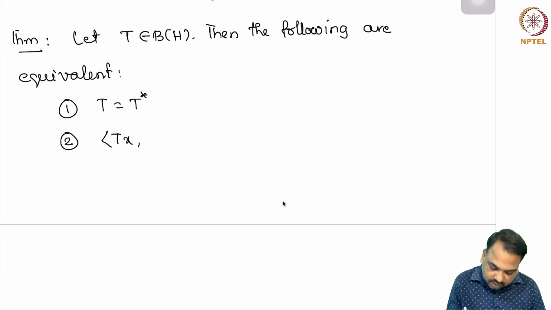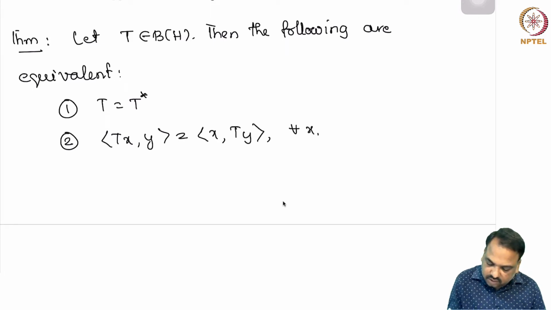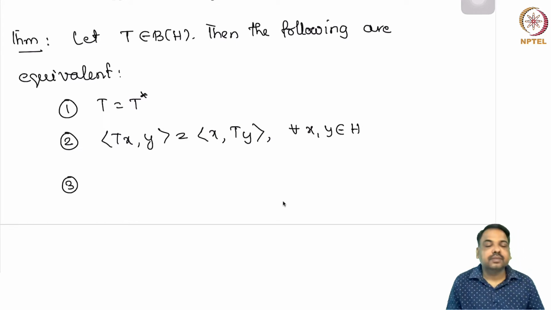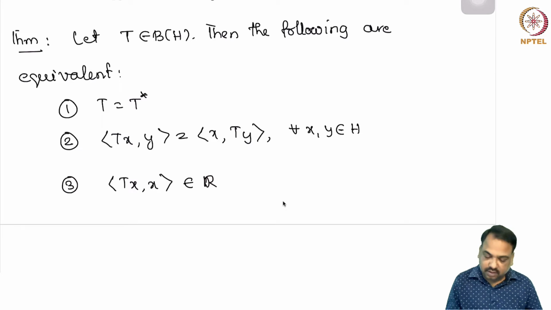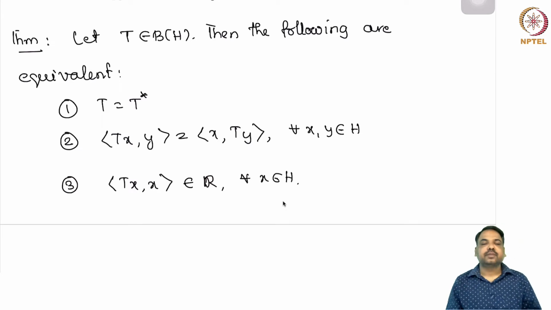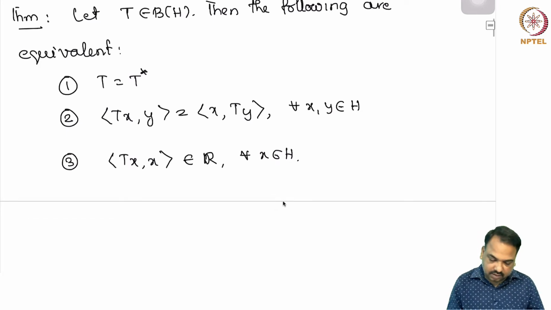Second one is the inner product of Tx with y equals the inner product of x with Ty for every x, y in H. And the third one is the inner product of Tx with x is a real number for every x in H. So these are the characterizations of self-adjoint operators.